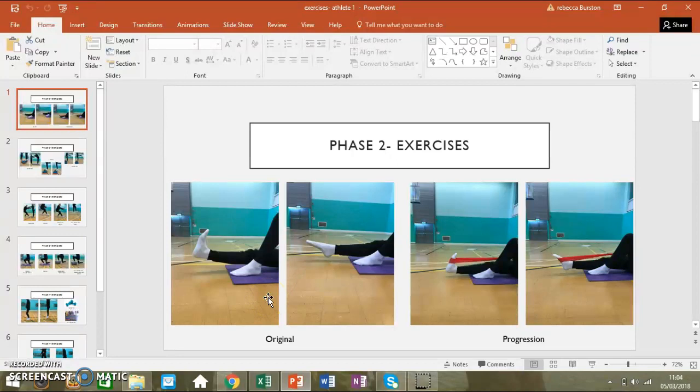And then the athlete should hold this stretch for around 30 seconds, and if he can't do that, then he can just reduce the time, but he should feel a little stretch in the tendon. And then when the athlete has built up more strength in the tendon, he can progress into using a resistance band to carry out the same movement, and this will add resistance and increase the range of movement for the athlete.